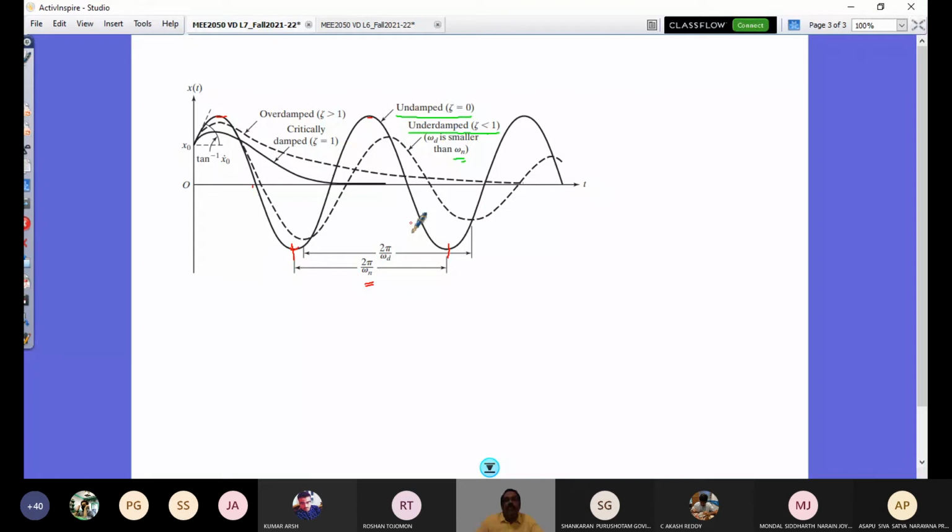Why do I do that? As you know, the cosine function repeats after every cycle of 2 pi, and it will have the same value.